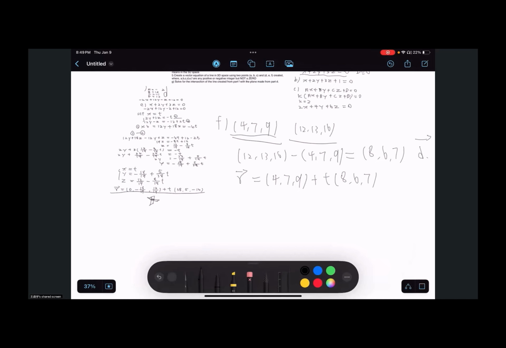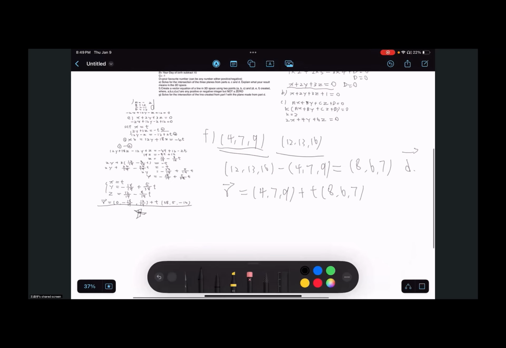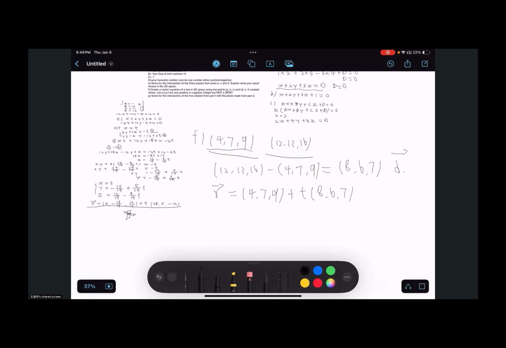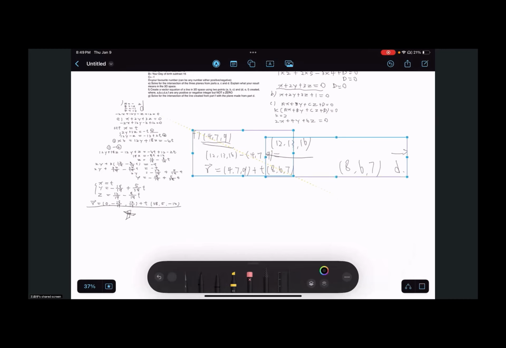So that we got the answer for part F. And let's look at the final question.